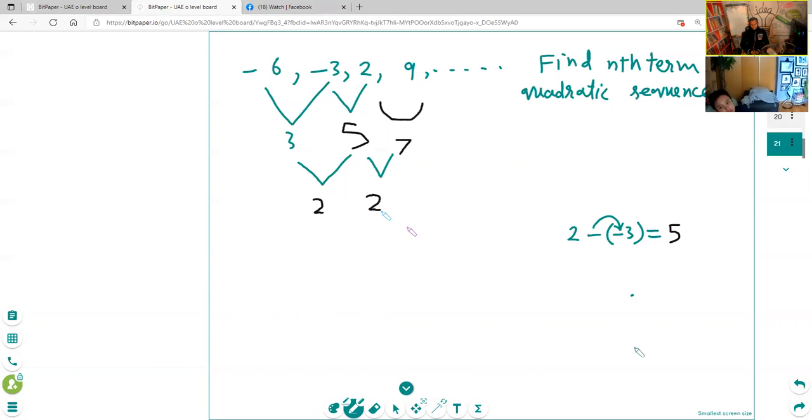Now you should think and do the question. First, I am writing the sequence again here: minus 3, 2, and 9, and so on. Now you should do.